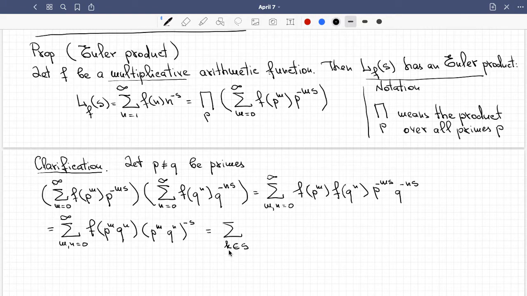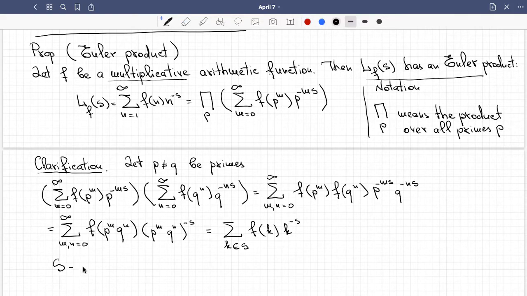So we sum over all k, f of k to the minus s. The set capital S is all k's. Let me write it in words. That's easier.